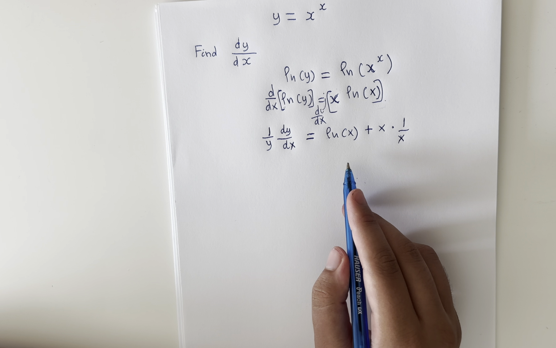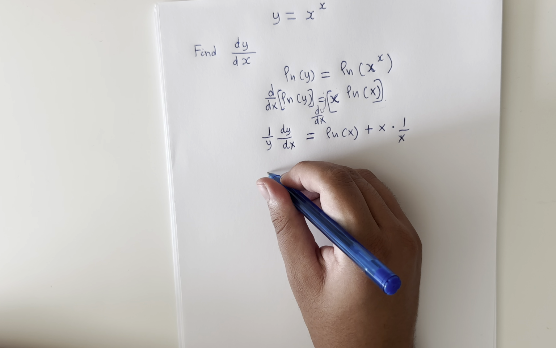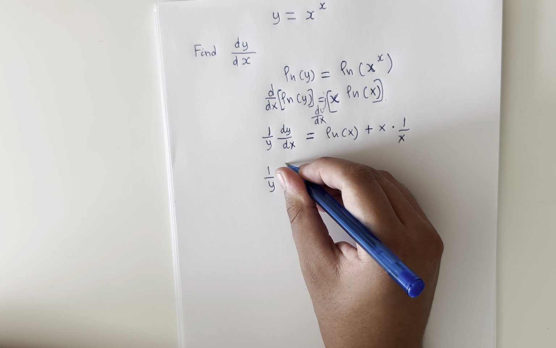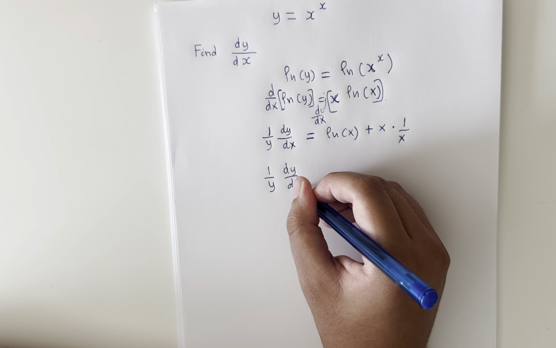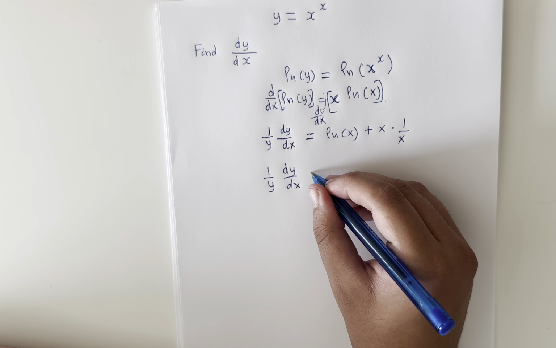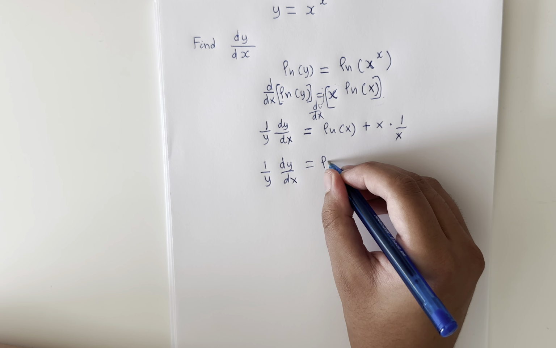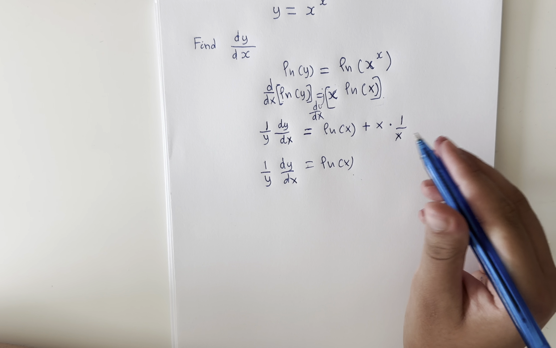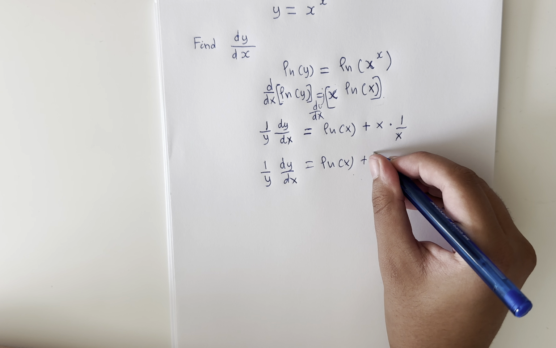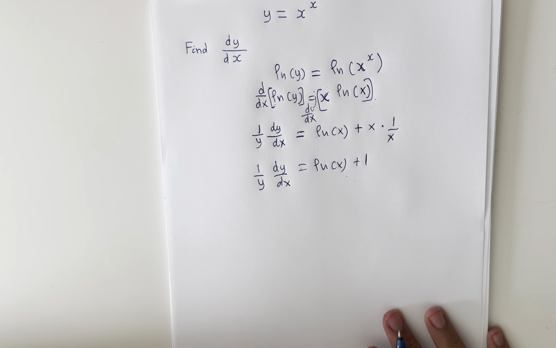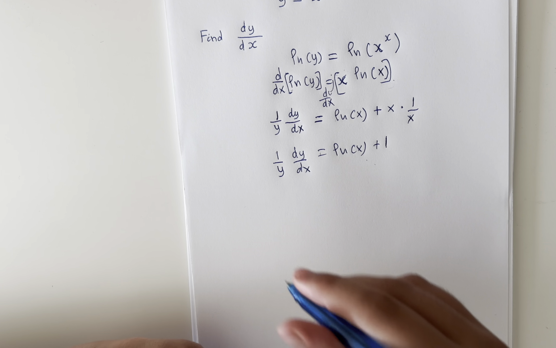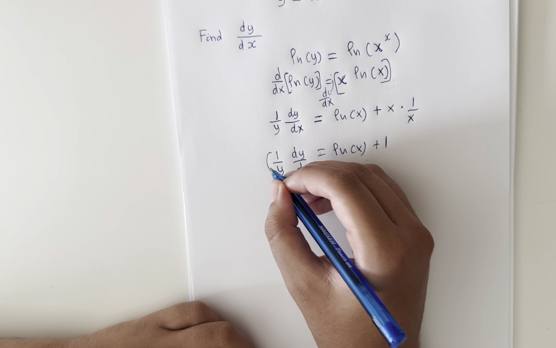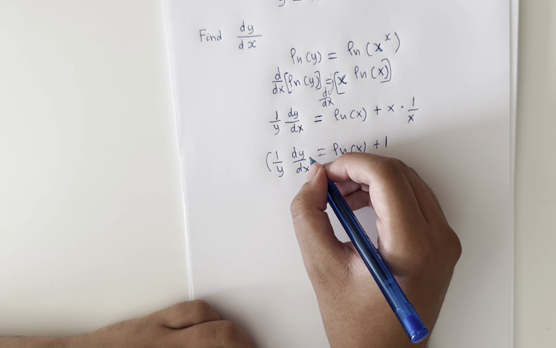And so I can simplify this. So I end up with 1 over y dy/dx is equal to the natural log of x. And then x times 1 over x is simply x over x, which is 1, plus 1. Now what I'm going to do is multiply both sides by y, because I'm going to get rid of this 1 over y.